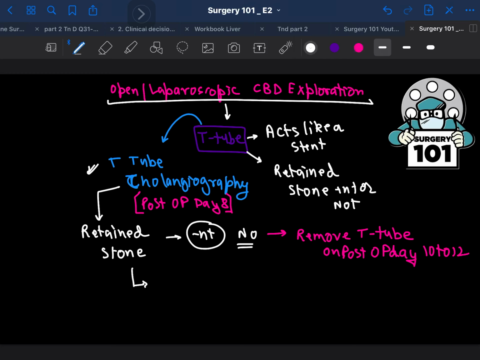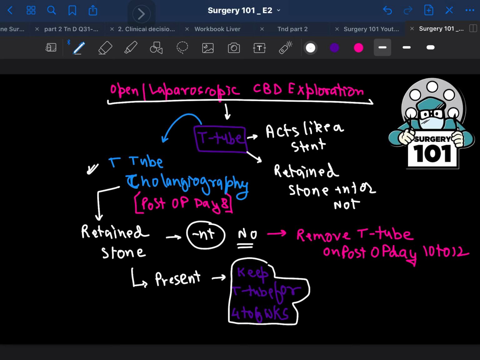But if the retained stone is present, you keep the T-tube for 4 to 6 weeks. Why do you want to keep the T-tube for 4 to 6 weeks?